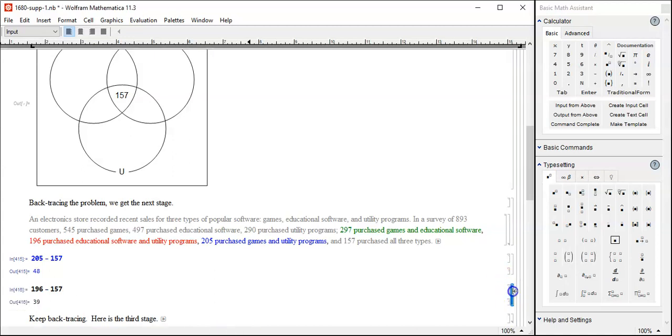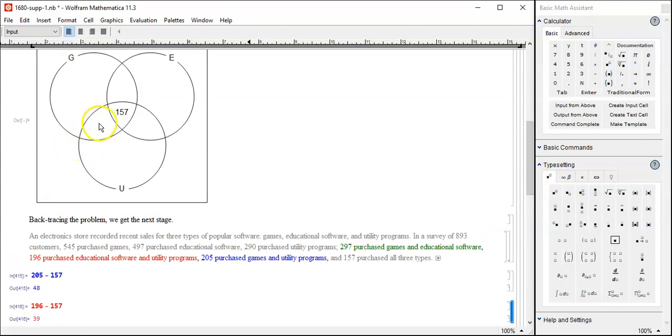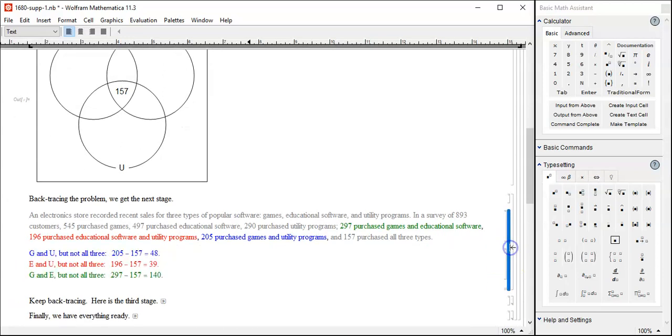So that's going to give me 39. Makes sense. So 48 here, 39 over there. How about the green computation? I'll give you a little bit of time to figure this one out. Something minus something. Well, time's up. Here's the answer.